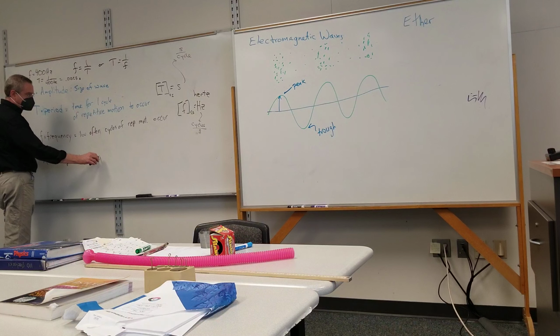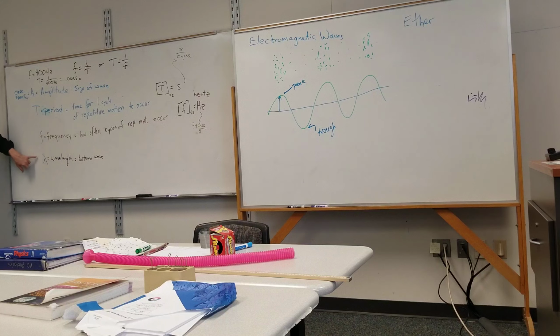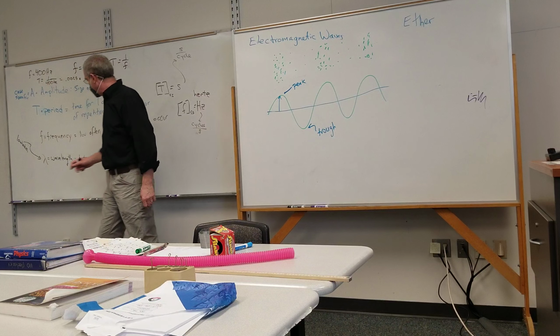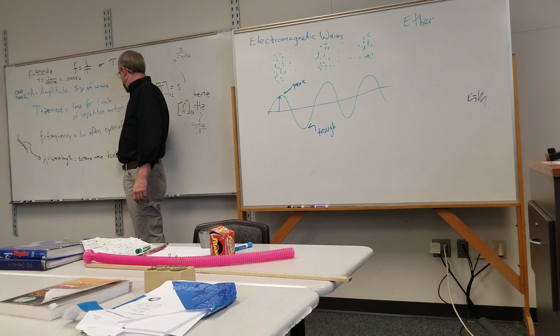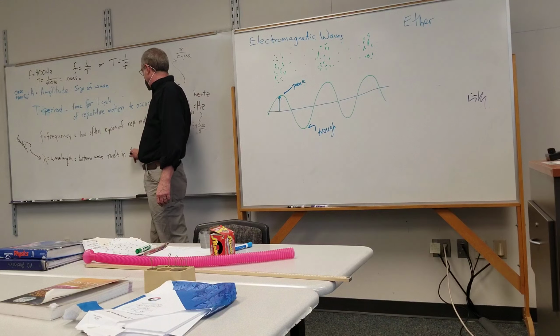Is that supposed to be an X or upside down line? That is supposed to be a lambda. One student referred to it as a drunk T. So it's distance wave travels in one period.